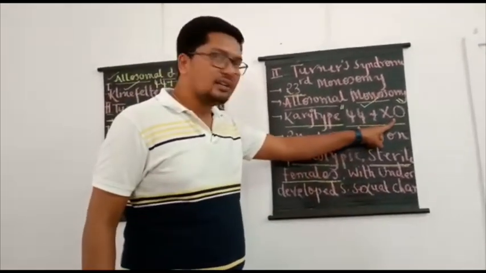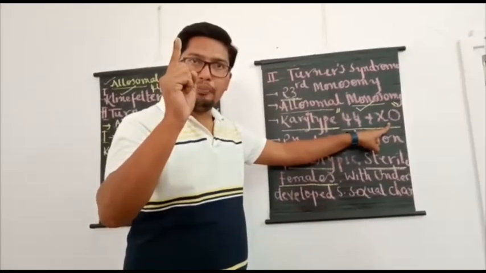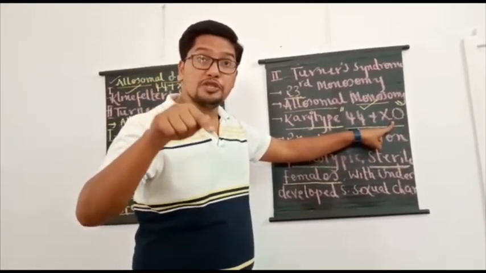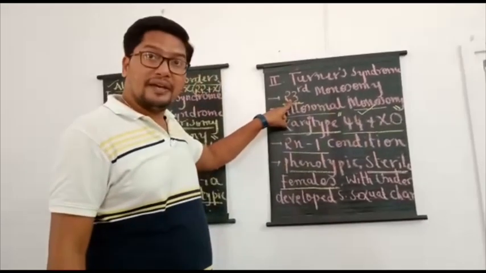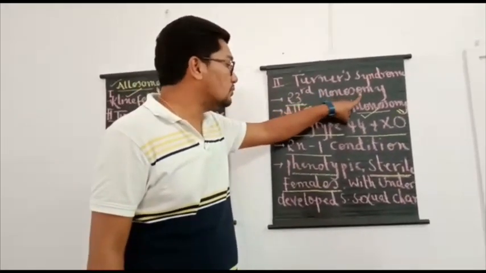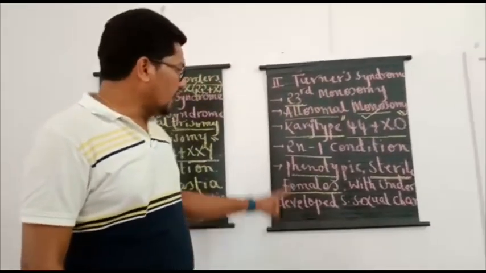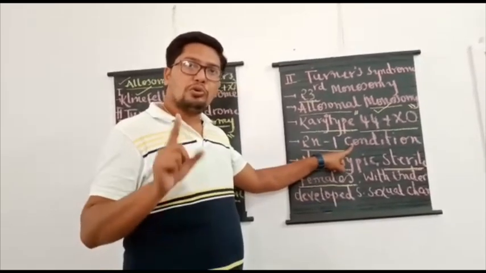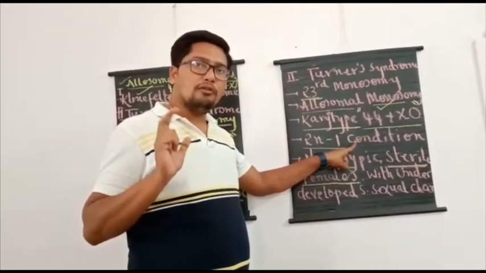And here you can clearly see one copy of X chromosome is missing. It is missing from which pair? 23rd pair. So that's why we call this condition what? 23rd monosomy. So it is a 2n minus 1 condition. So the total number of chromosomes is 45.